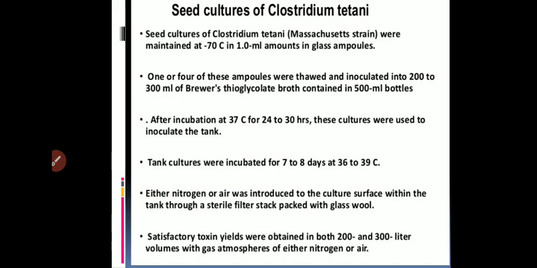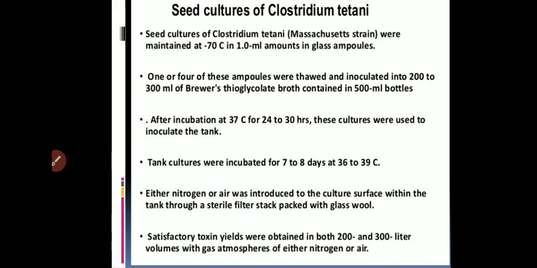To summarize, from the ampules the culture is added into 200 to 300 ml thioglycolate medium and incubated at 37 degrees Celsius for 24 hours. After 24 hours, this culture is transferred to the culture tank, and there it is incubated for 7 to 8 days at 36 to 39 degrees Celsius.